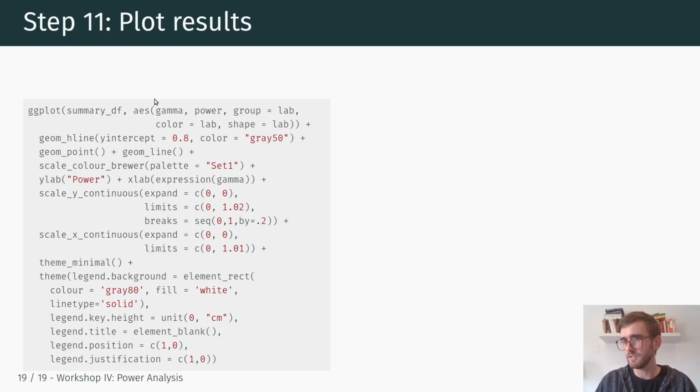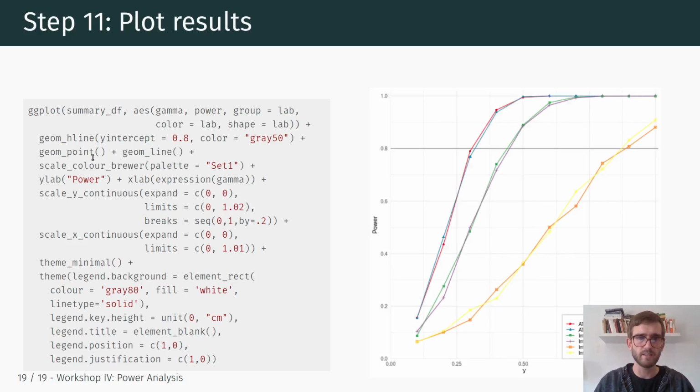But essentially, we will look at a line. Different points for each level of gamma connected with lines and comparing each of those different estimates that we talked about. The easier way is probably to just show you the graph.